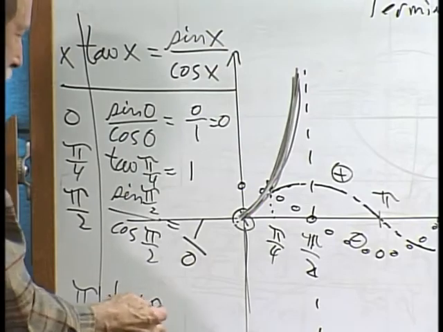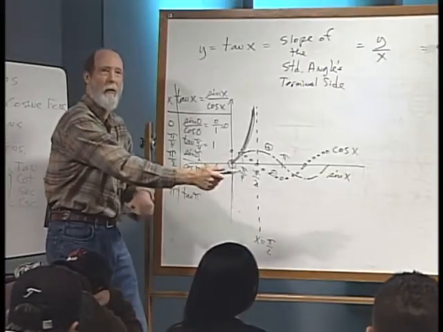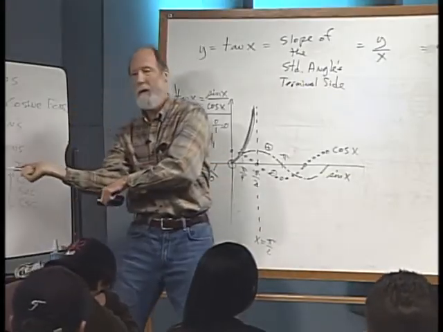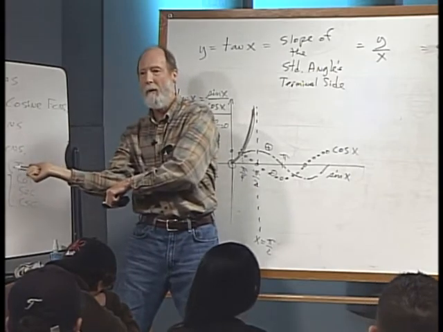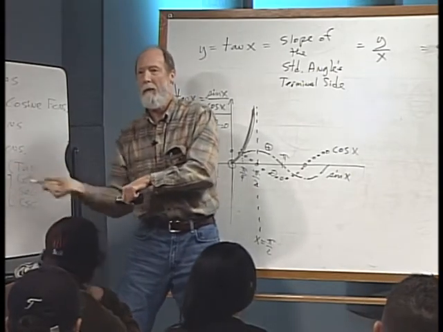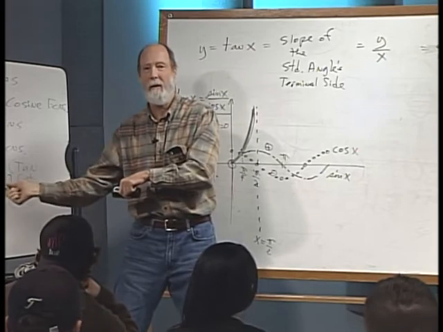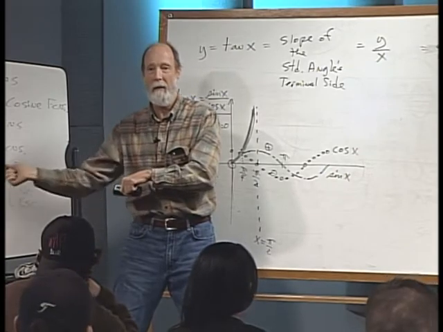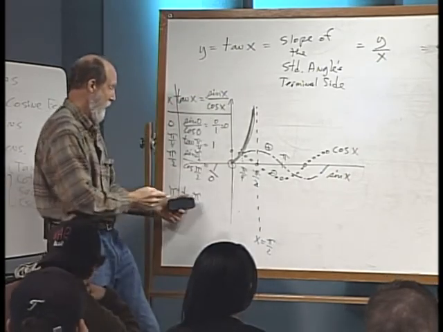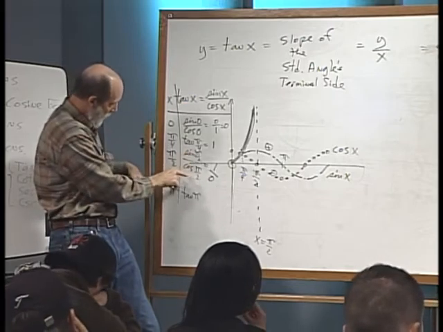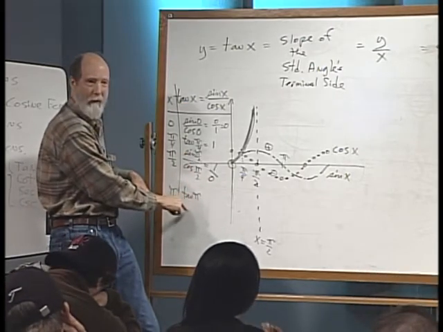Go back to your unit circle. When you're over at that angle pi, what's the slope of that terminal side? It's 0, isn't it? Or you can think of the sine of pi over the cosine of pi. I just don't want to take the time to write it.